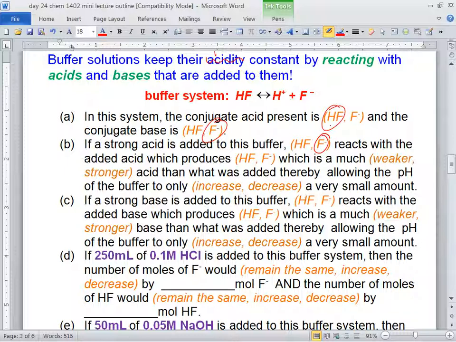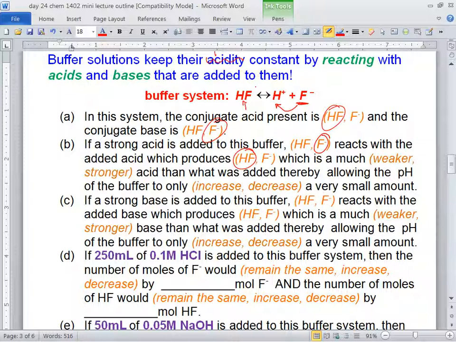Well, if F minus reacts, Jose, it's going to produce what? HF. See what's going on? F minus reacts with this H plus, and that H plus is from the strong acid, and it forms a lot of HF. Now HF is a much weaker or stronger acid than what was added?